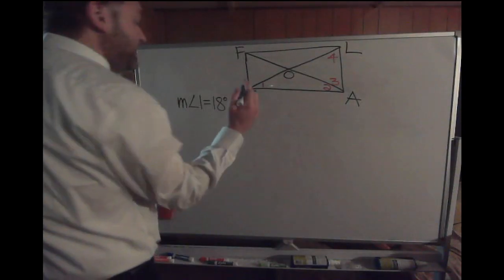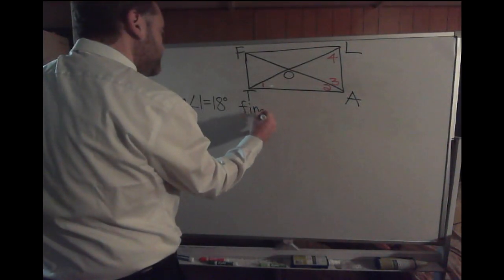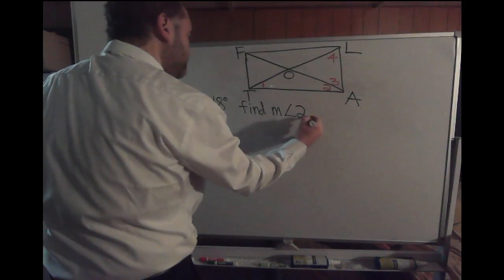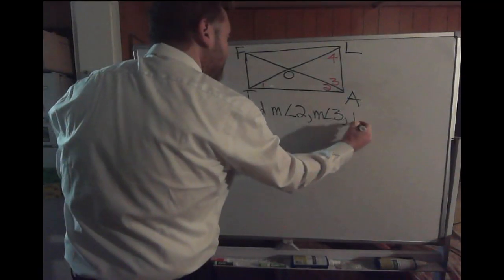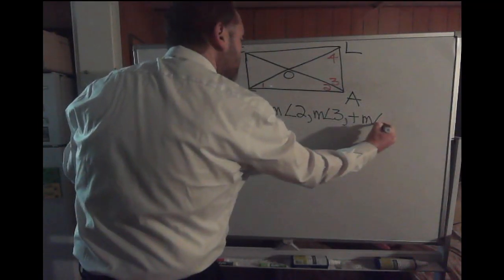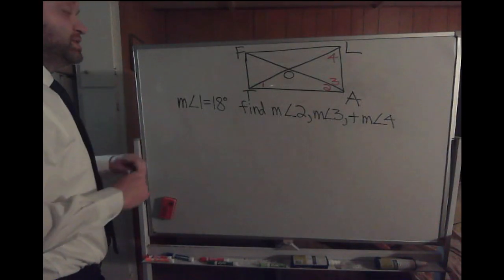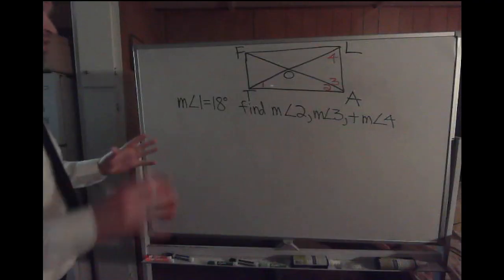So we need to find the measures of the other angles. Find the measure of angle 2, 3, and 4. This is actually easier than it looks, okay? Let's start with something.